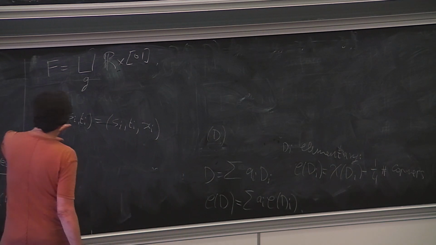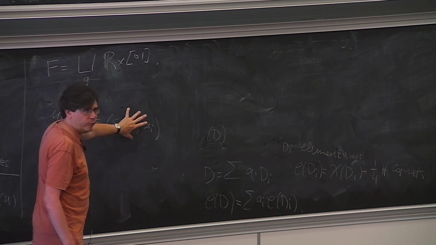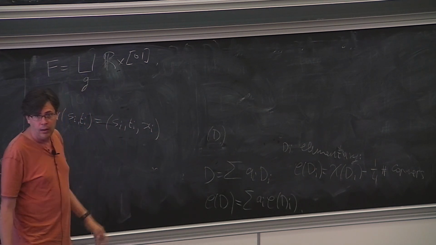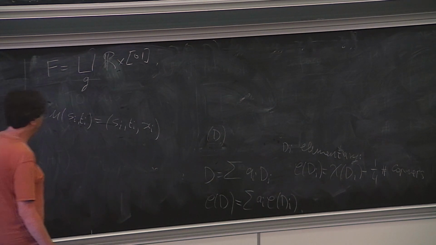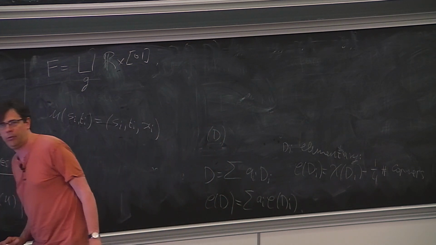Of course, the shadow of this gadget is trivial because it misses the interior of every region. And I'm claiming, it's not so hard to see, that they are the only trivial ones. All the other ones have some coefficient which is strictly positive.